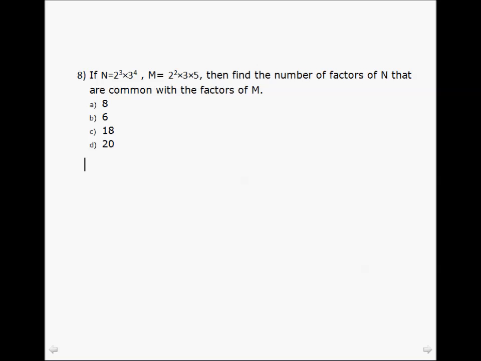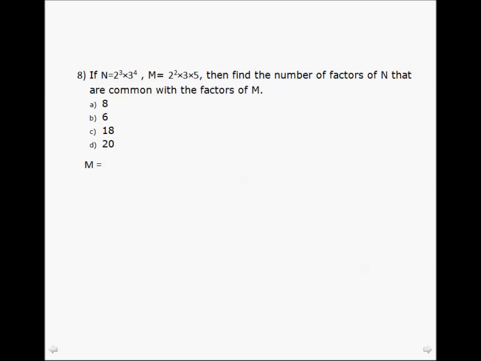Now m contains 3 primes 2, 3, 5, n contains 2 primes 2 and 3. So only those factors of m which has 2 and 3 would be common with n, right? So let's see what factors of m are having 2 and 3s.